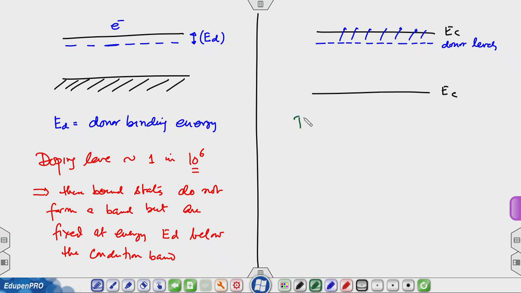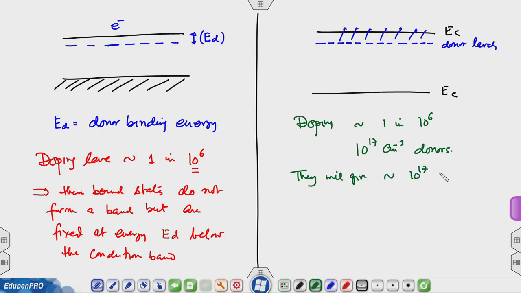So, I said that doping is of the level of 1 in 10 raised to 6. So, let us say there are 10 raised to 17 per centimeter cubed donors, and they will give roughly 10 raised to 17 per centimeter cubed electrons in the conduction band.